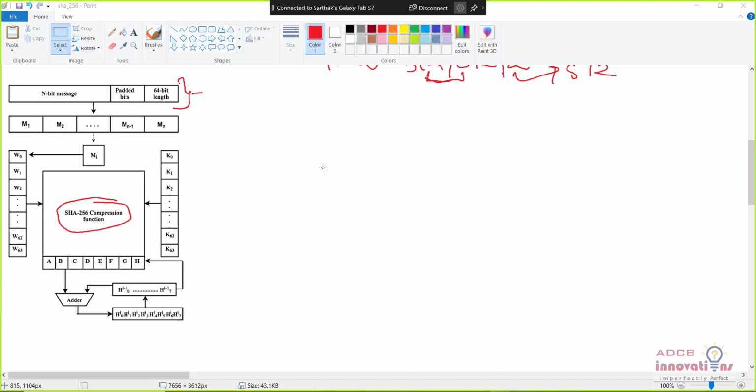And now we are going to have a look at the further process. So now we have our length, that is 24 bit. Now let's move towards the equation.